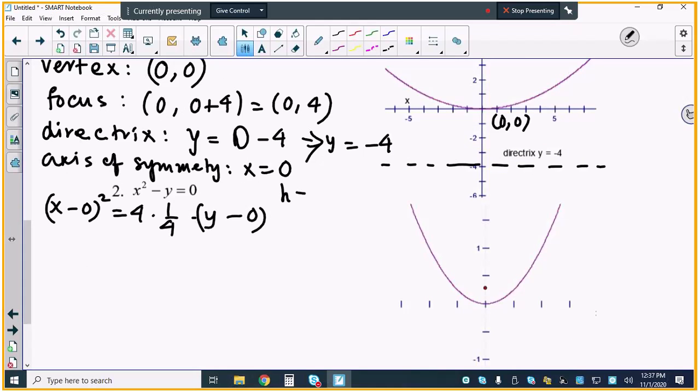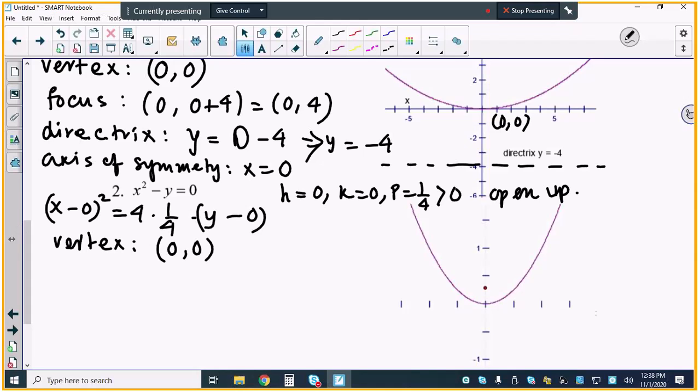So h is equal to 0, k is equal to 0, p is equal to 1/4, still positive, so the parabola will open up. Then I need to know the vertex of this parabola. That's h comma k, so 0, comma 0.